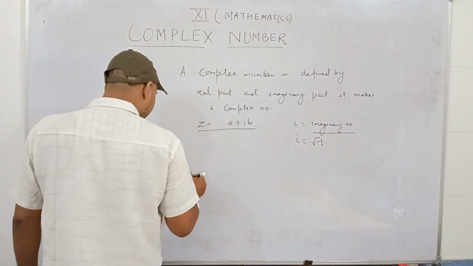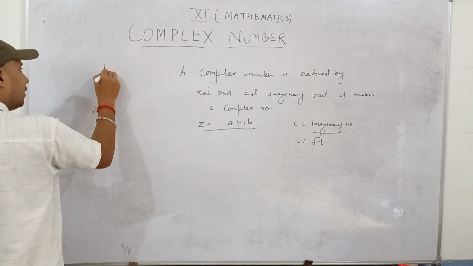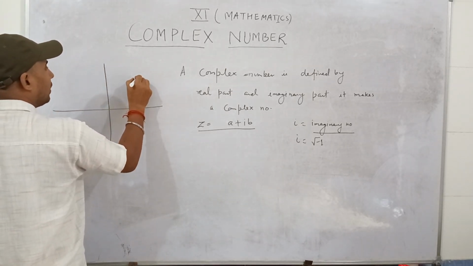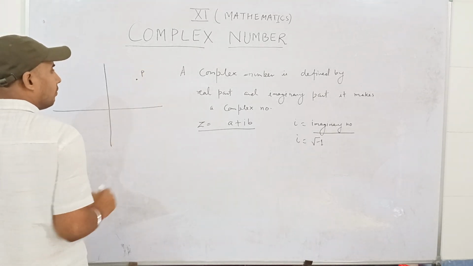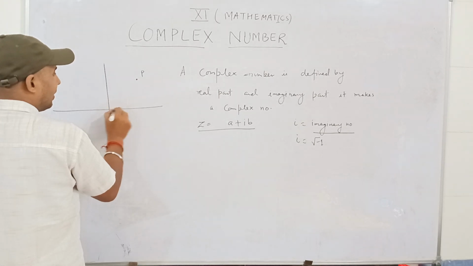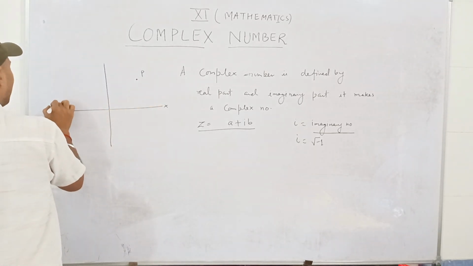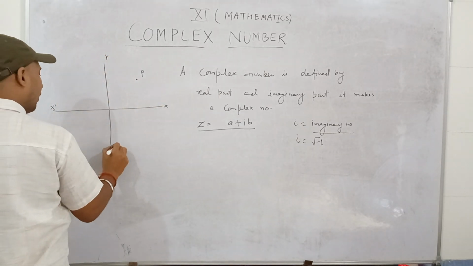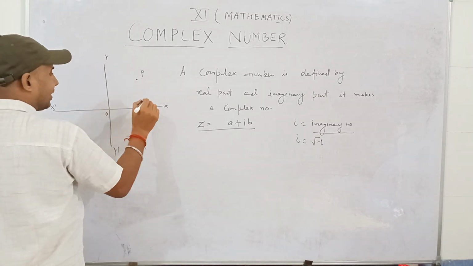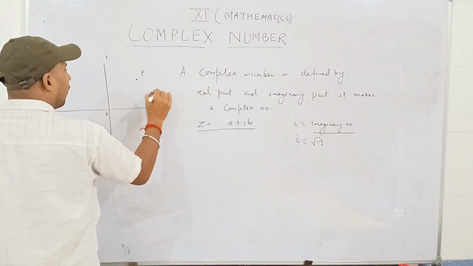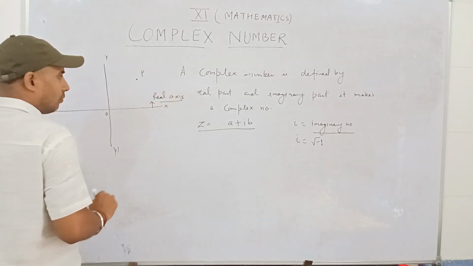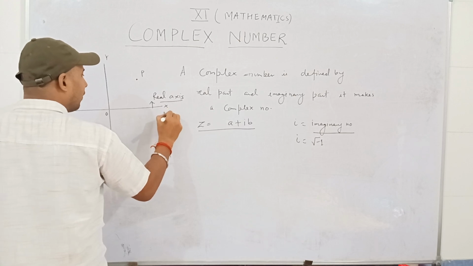And we can say, हम कह सकते हैं, suppose that this is a point P and this axis is the x-axis, x dash, y dash. This is the origin. So the x-axis is called the real axis. It means real z.